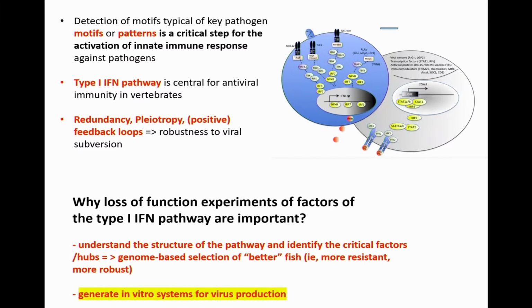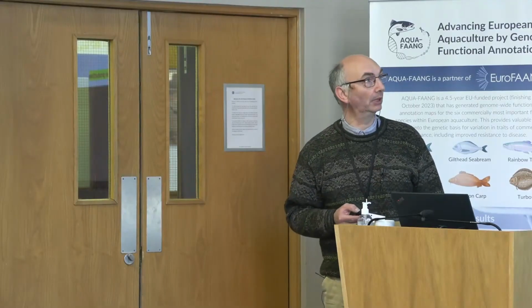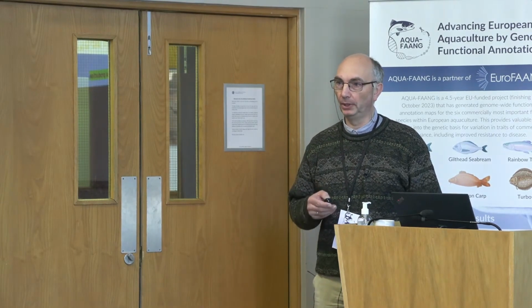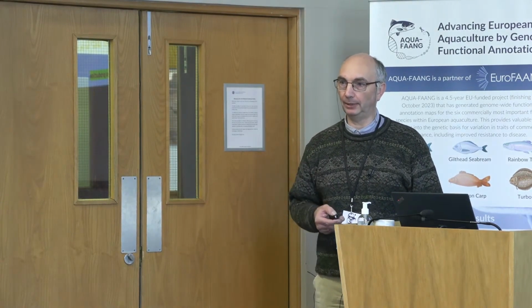There can be several genes very closely related, and then this would induce through the JAK-STAT pathway a number of ISGs. What is important to remember here is that those ISGs, so interferon-stimulated genes, can be effectors, they can also be regulators, and they very often have a role in a positive feedback loop inducing again type 1 interferon.